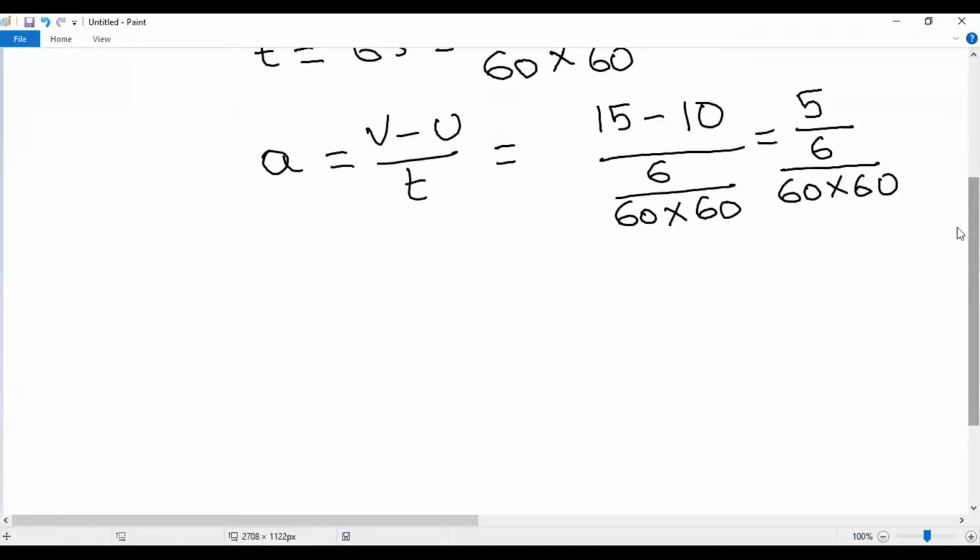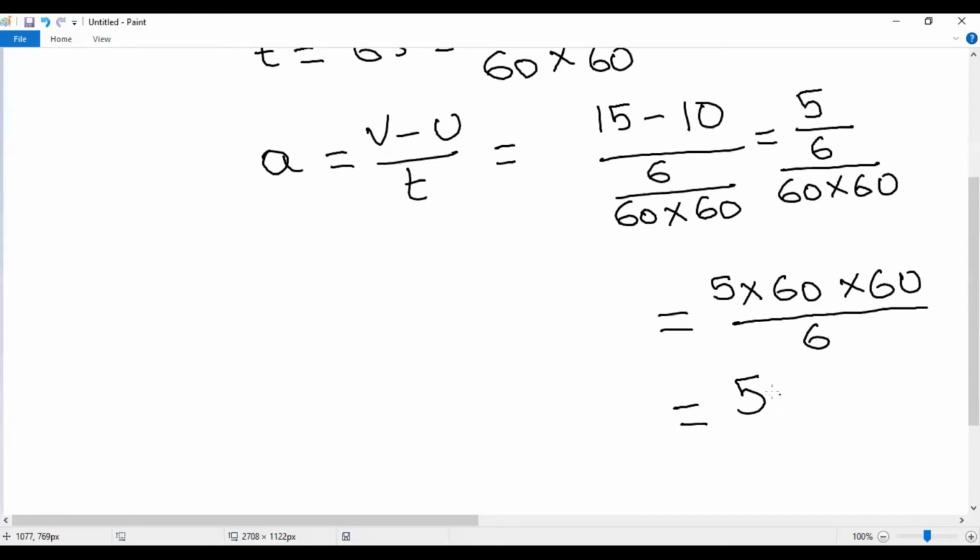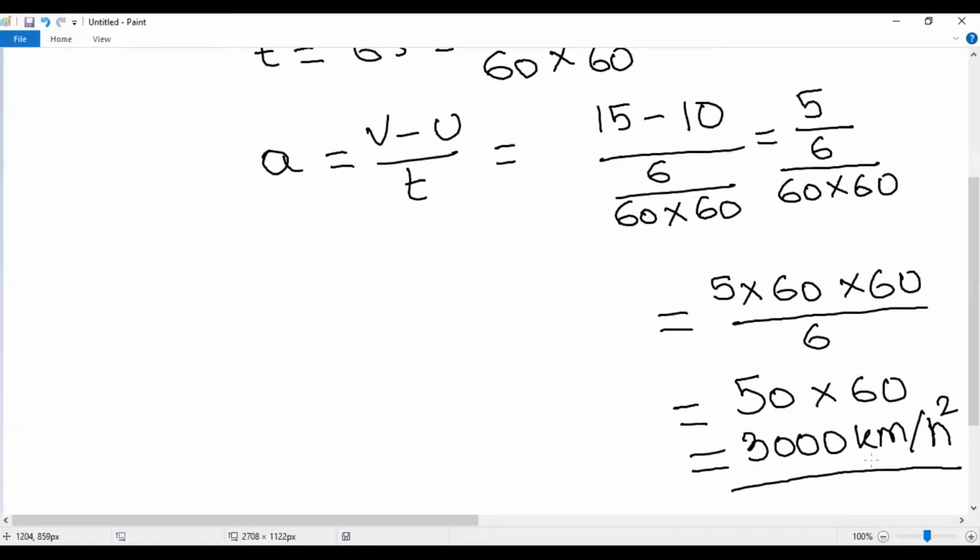So we will now just do simple calculations. 5 into 60 into 60 divided by 6, and now it's easy. 50 into 60, that is 3000 kilometer per hour square. So this is the acceleration, 3000 kilometer per hour square.